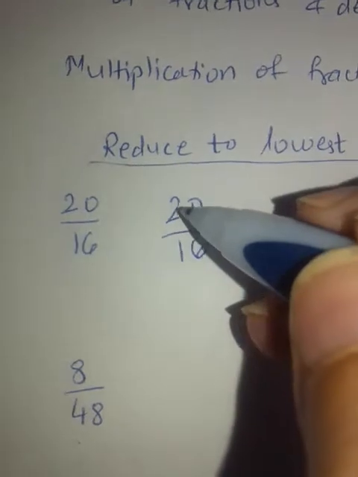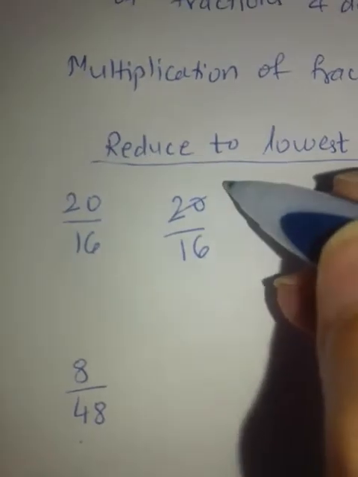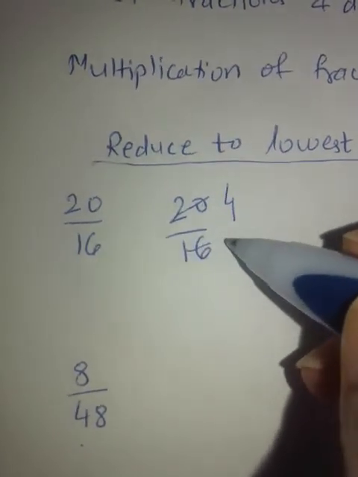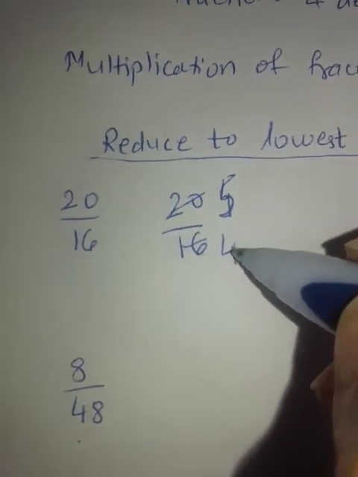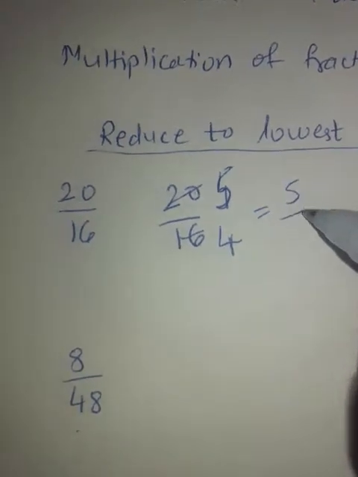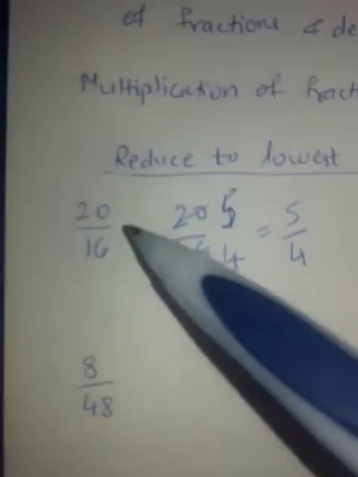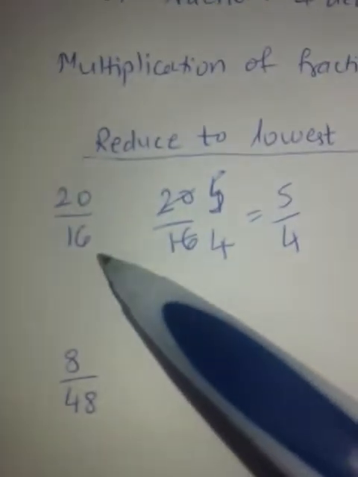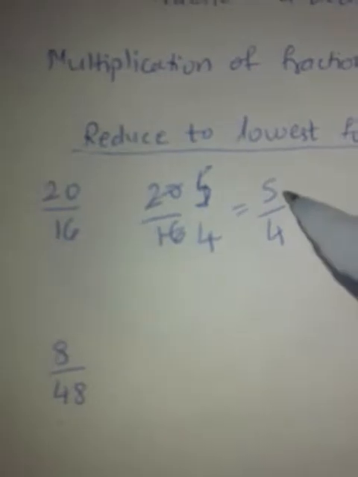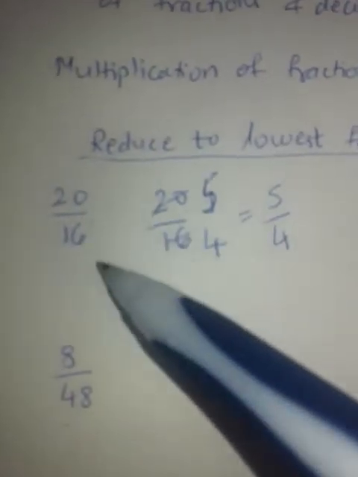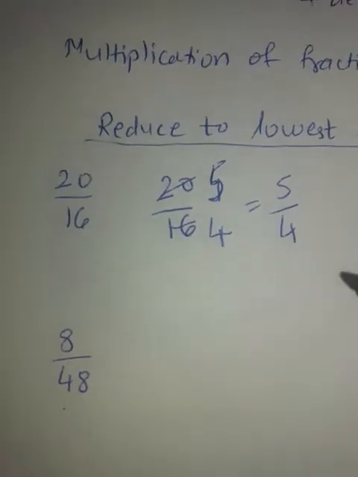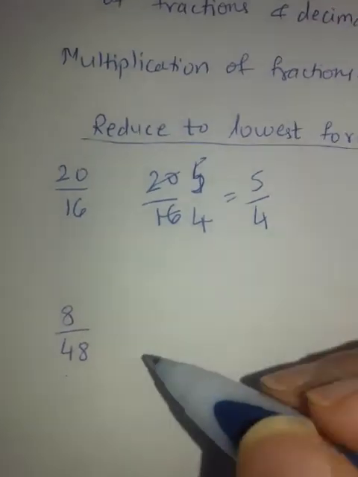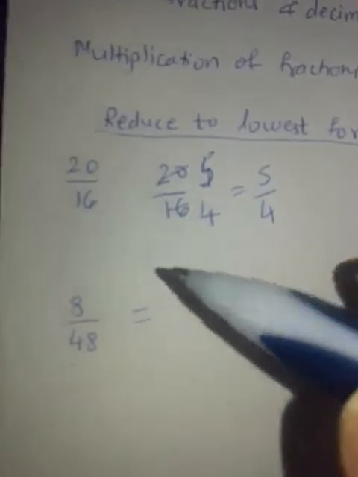So we divide them by 4. 4 5s are 20 and 4 4s are 16. So this becomes 5 upon 4. So the value of 20 upon 16 is equal to the value of 5 upon 4. We are going to need it every now and then, so be very clear about it.